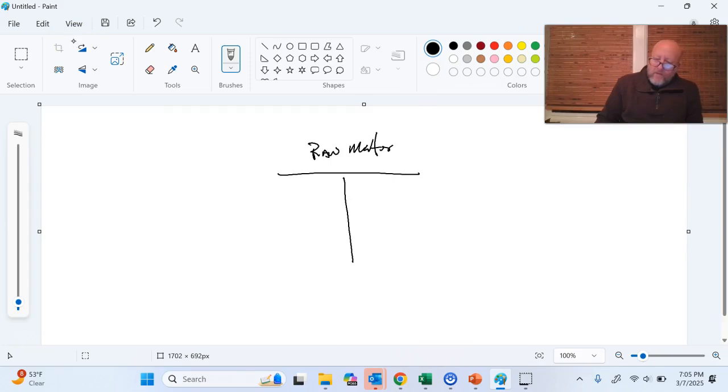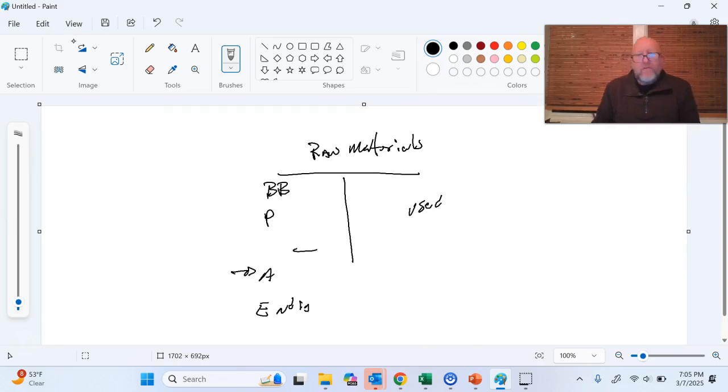And materials used, remember, we will have beginning balance plus purchases is everything we have available to us. Used is over here. And usually we end up backing into used by taking everything that we have available to us and then subtracting the ending inventory.